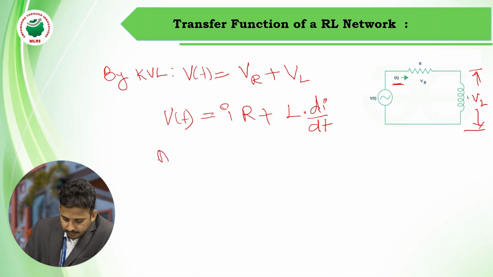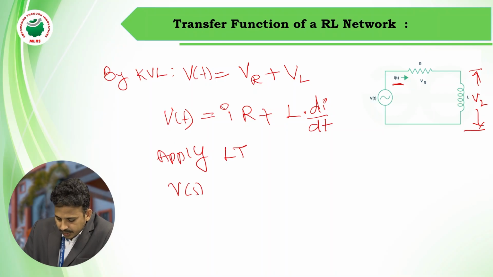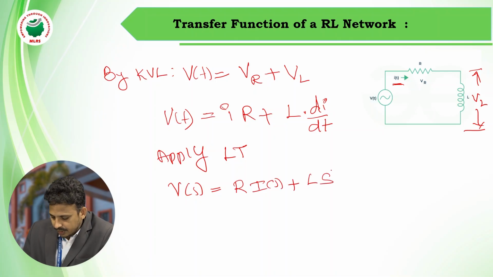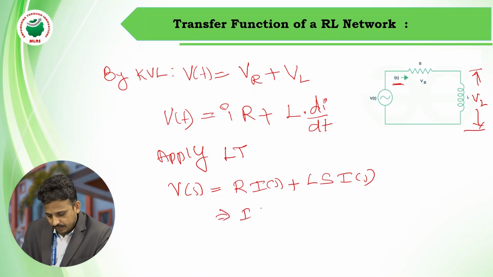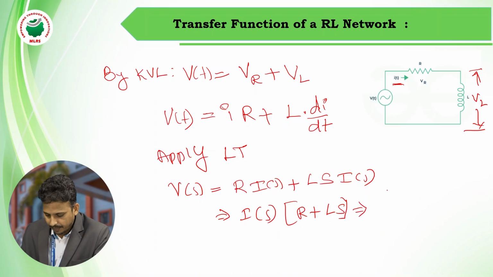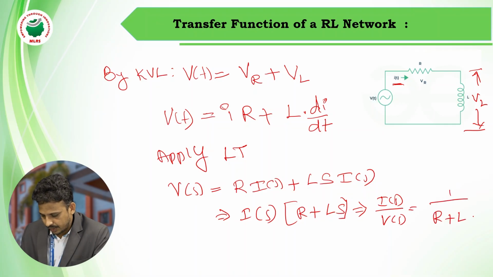Now I am applying Laplace transform. So V of S is equal to R into I of S plus L into S I of S. Taking I of S as common, R plus LS, so I of S by V of S is equal to 1 by R plus LS.